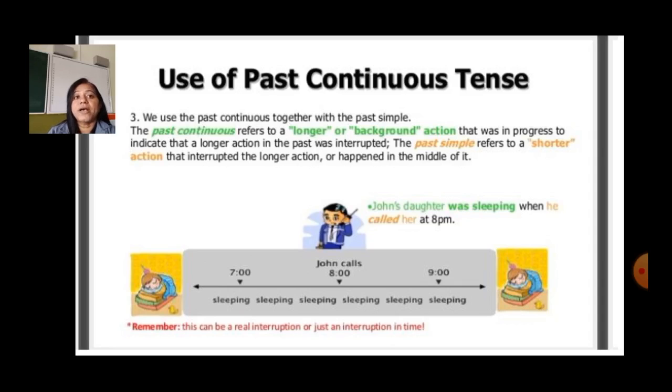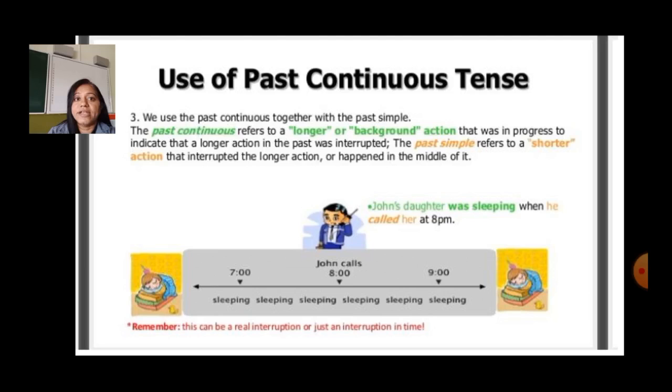We use the past continuous tense together with the past simple. Past continuous refers to a longer or background action that was in progress, to indicate that a longer action in the past was interrupted. The past simple refers to a shorter action that interrupted the longer action or happened in the middle of it.